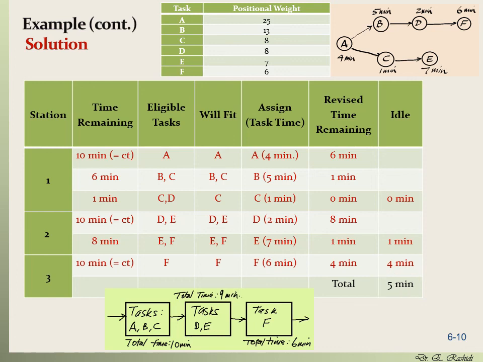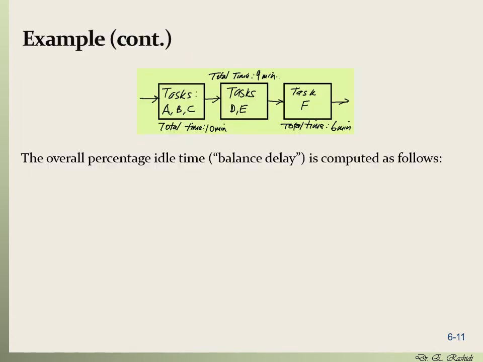Now we can actually compute the utilization or the efficiency for this assignment. So this is the line balancing output, the result of line balancing using the positional weight method. We would assign tasks A, B, and C to workstation 1, task D and E to workstation 2, and task F to workstation 3.